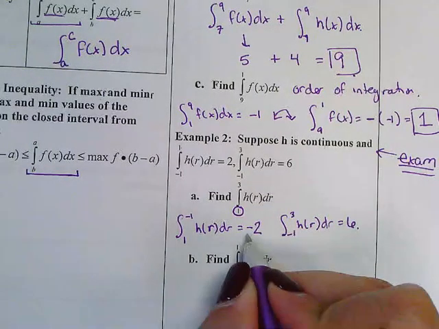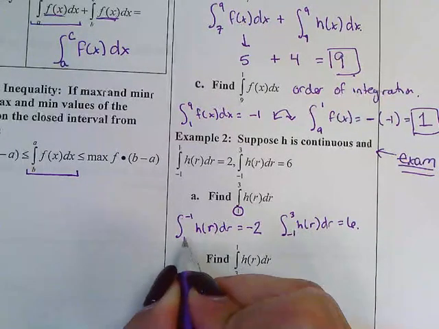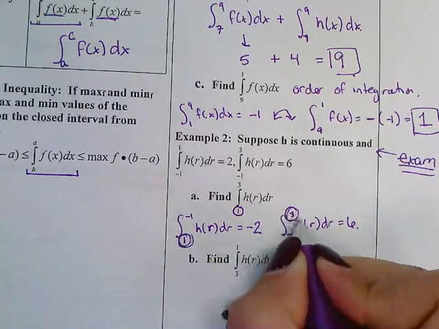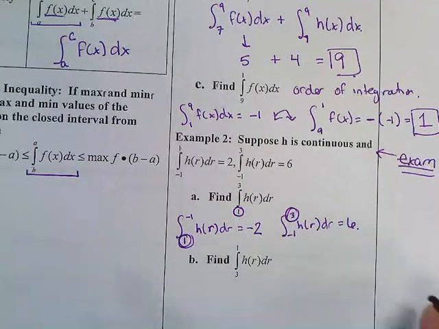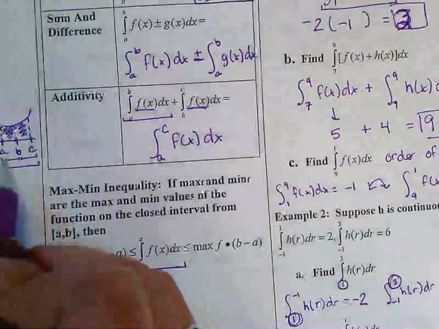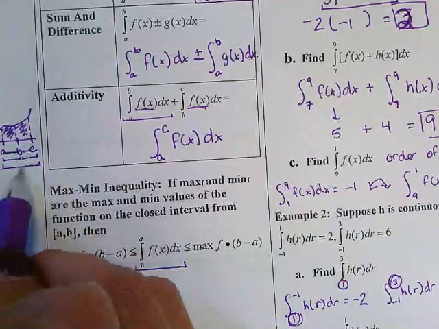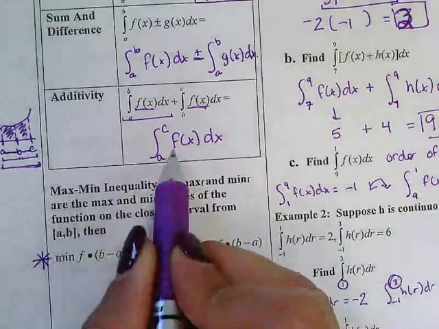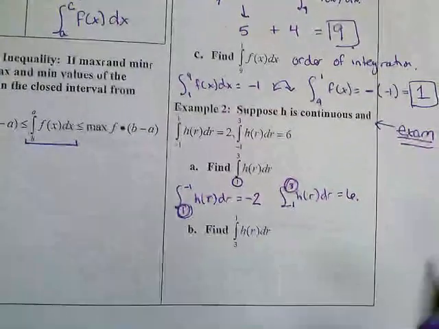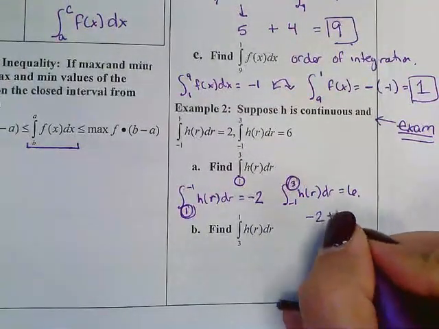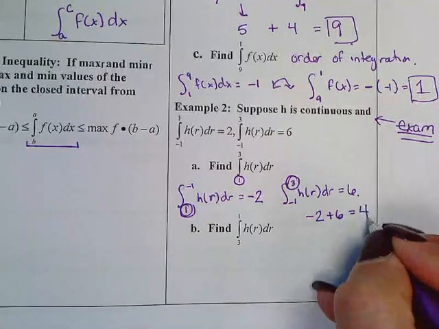So all I want to do is do what? You want from 1 to 3, right? So you want both of these. So based on the additivity, you want this part and this part. So what are we going to do to the two? We're going to add them. Okay? So it's going to be -2 plus 6, which is 4.